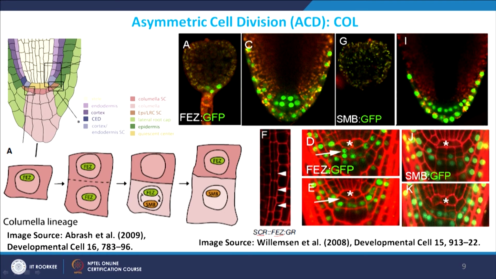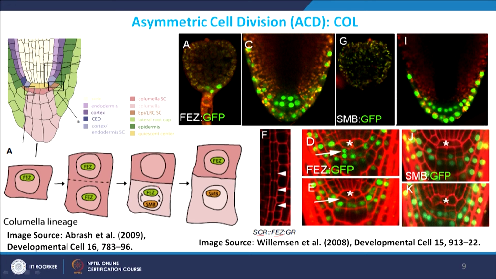So, if you combine all these expression patterns and mutant phenotypes, there is a regulatory mechanism. What happens is that at the very early stage, FEZ is getting activated in these cells, then these initial cells undergo the process of cell division.